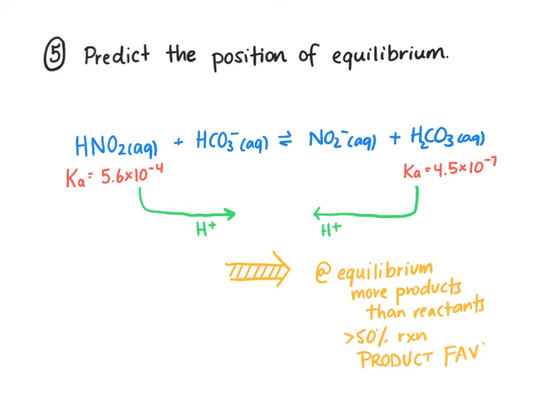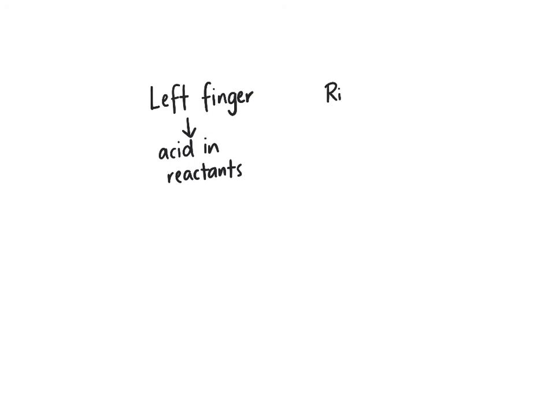Now the shortcut for this is to use your acid-base table. You're going to take your left finger and put it on the acid from the reactants. And then you're going to take your right finger and put it on the base in the reactants.